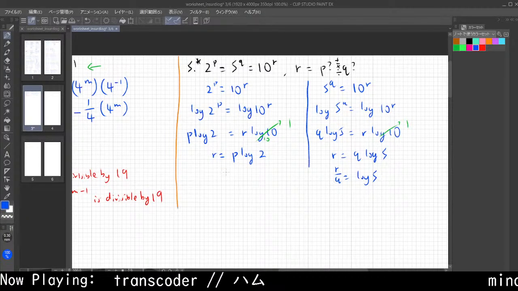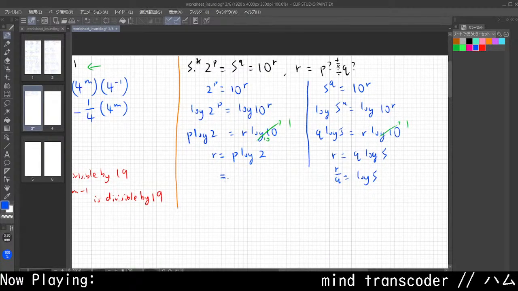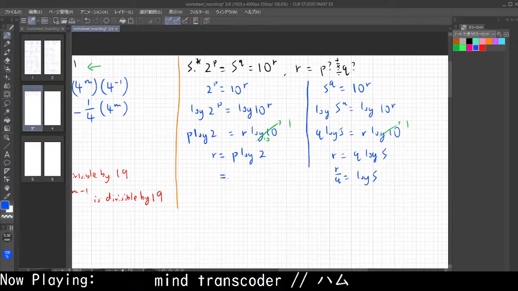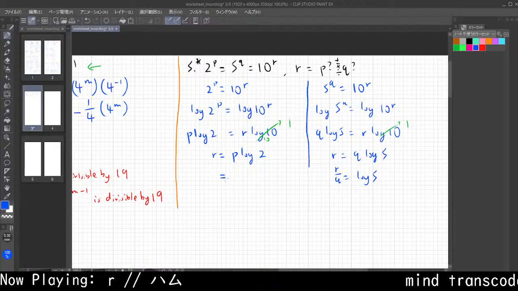Why do we want this? If I expand from my first expression over here and I want to get rid of the log and exchange it in terms of q, I can. 2 is 10 divided by 5, so we can use that over here.